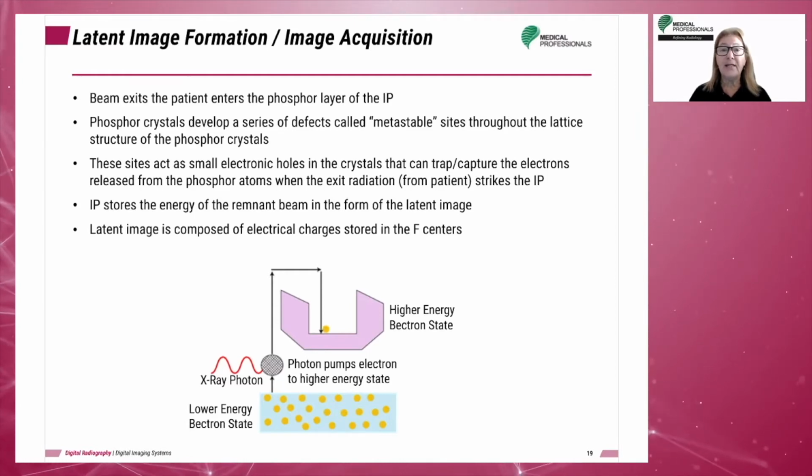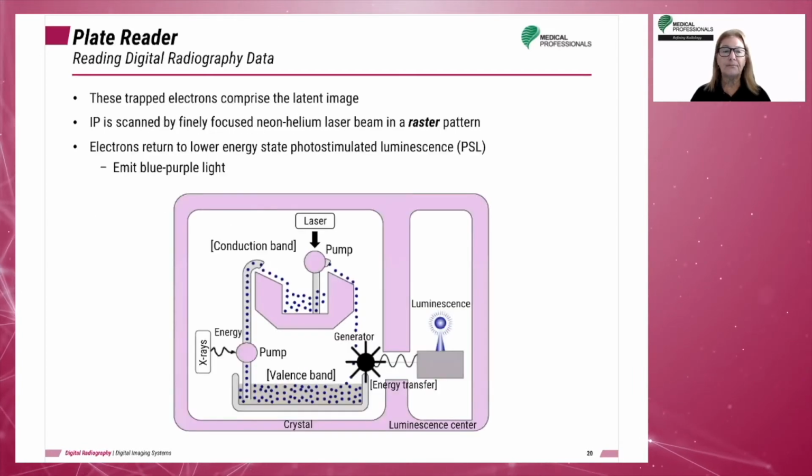The latent image is formed by these electron holes or F centers. As previously stated, the trapped electrons comprise the latent image.